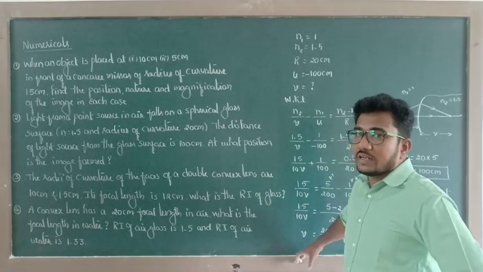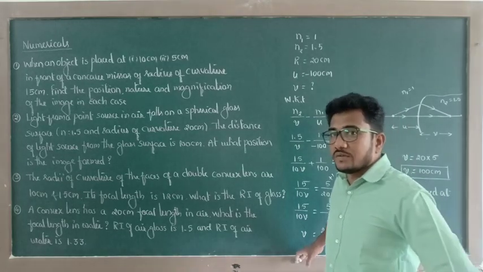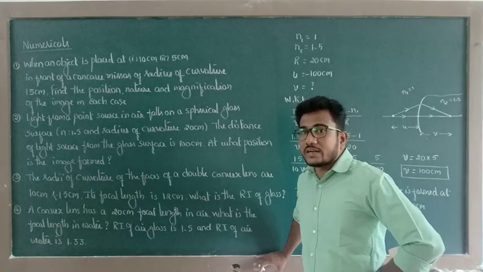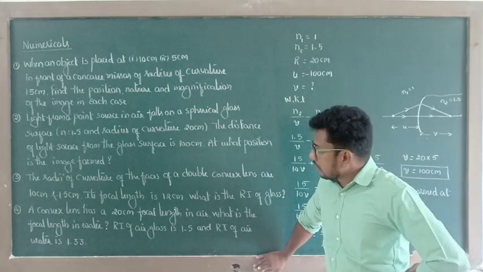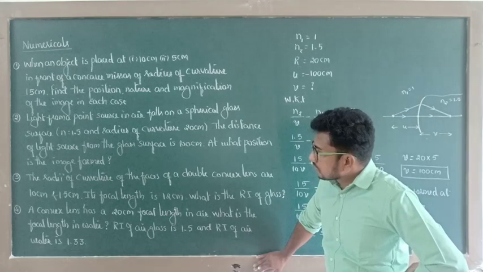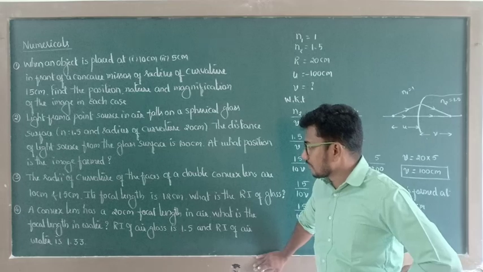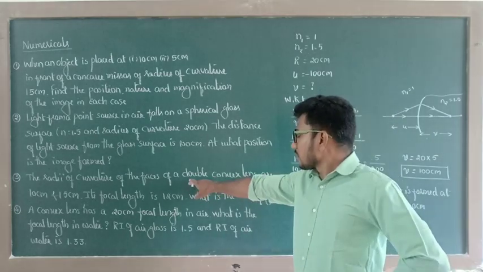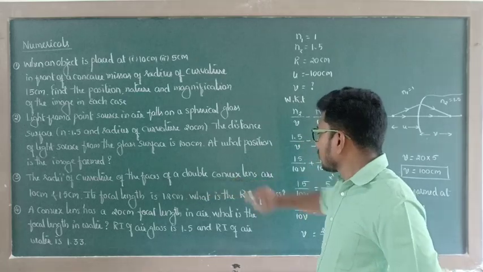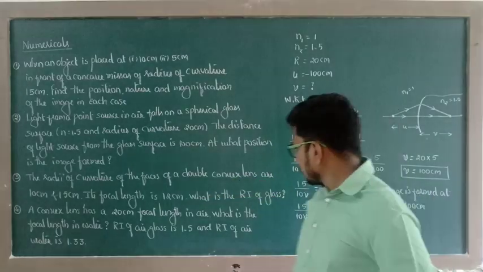So we know that a lens is bounded by two surfaces, of which at least one is spherical. Here they have given radii of curvature of two spherical surfaces, so clearly it is a double convex lens. So let us solve for the refractive index of glass.